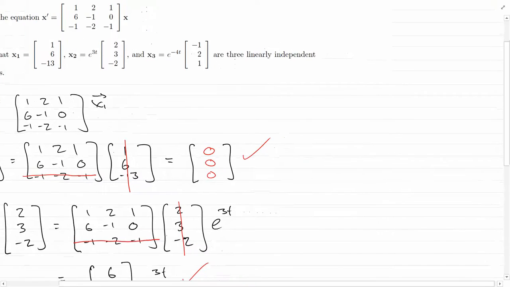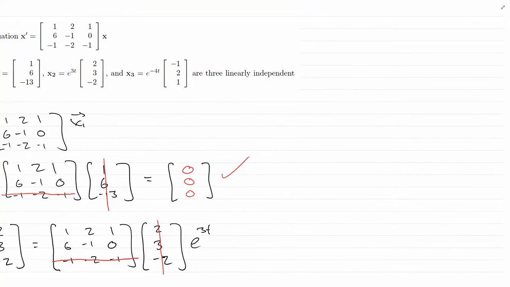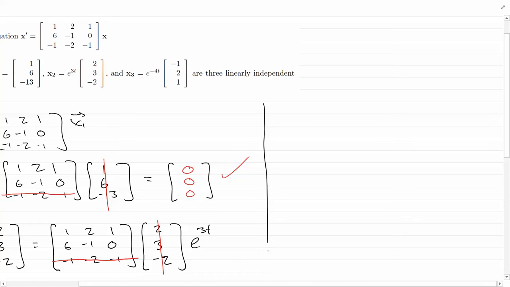I'll do x3 over here. I want to know if x3 prime is the same thing as the big matrix times x3. So what would x3 prime be? It would be negative 4 e to the negative 4t times this vector.